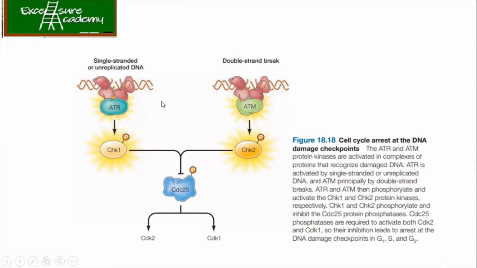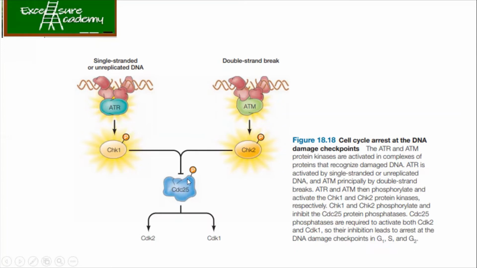Okay, this much you should remember: ATR is for your single stranded DNA damage, ATM is for your double stranded. Now, when ATR and ATM get activated, they then phosphorylate and activate Chk1 and Chk2. Okay, so they get phosphorylated. Now, once they are phosphorylated, they inhibit the activity of CDC25.